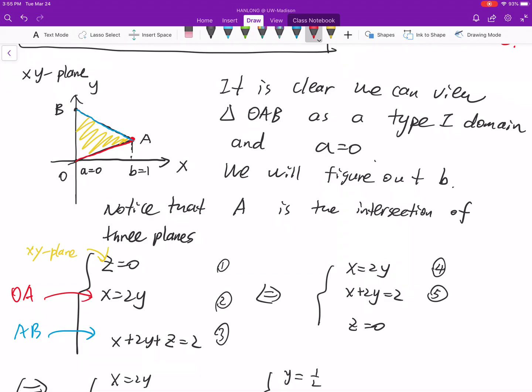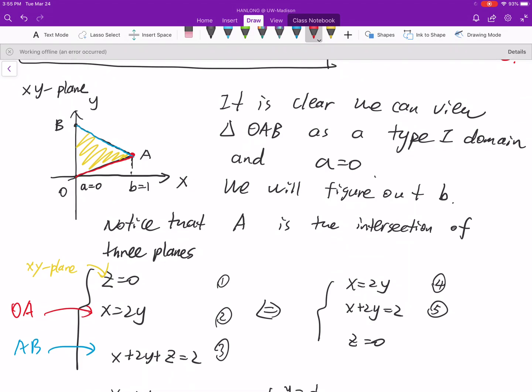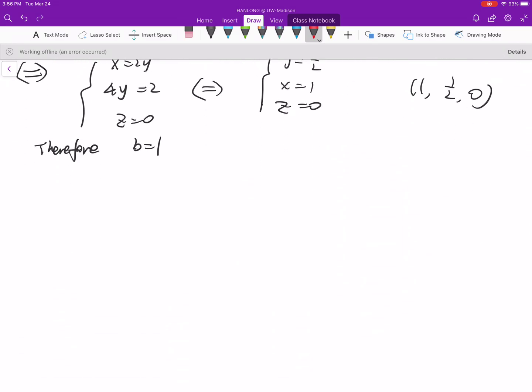Notice that we should write down the top line as a function of x. So write the blue line as a function of x.